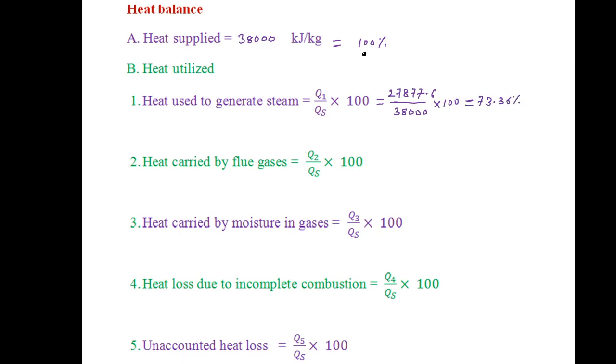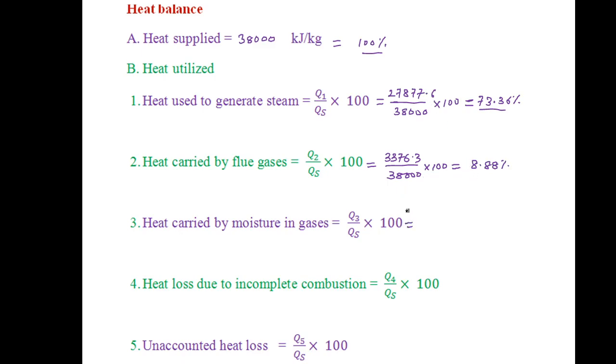Out of this 100%, 73% is used to generate steam. Then the amount of heat carried by flue gases is 3376.3 divided by heat supplied, 38,000, into 100. On simplification, we get 8.88%. Out of 100%, 8.88% is carried by flue gases.